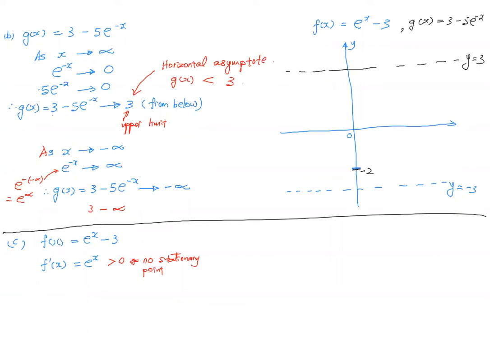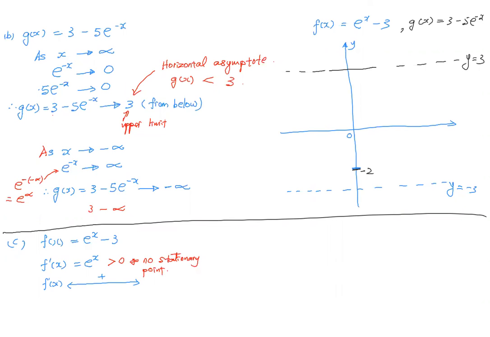So when I draw the sign diagram for this case, all the ones I wrote in red is what my mind has. So I will straight away draw my, okay, I better use blue, my f prime x sign diagram. And we know that e to the power x is always positive, so I put positive.